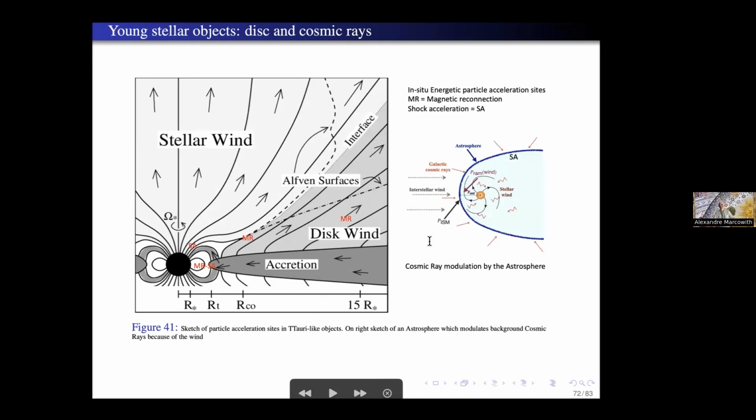Just to finish, about the very small scale now, around the star, the accretion disk at, let's say, a few AU. We have started at Montpellier a PhD work on that because, in fact, we know that T Tauri stars are magnetically active and much more active than the sun.